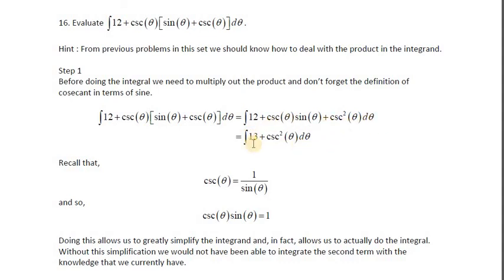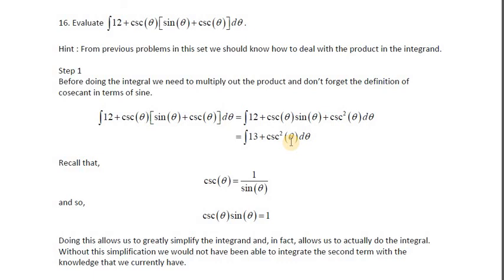So this is just simplification before integration. Now integration of this, that is integration of 13, integration of cosec square theta d theta. So integration of 13, it's constant as it is. So integration of d theta simply comes here, and integration of d theta is theta, plus integration of cosec square theta.